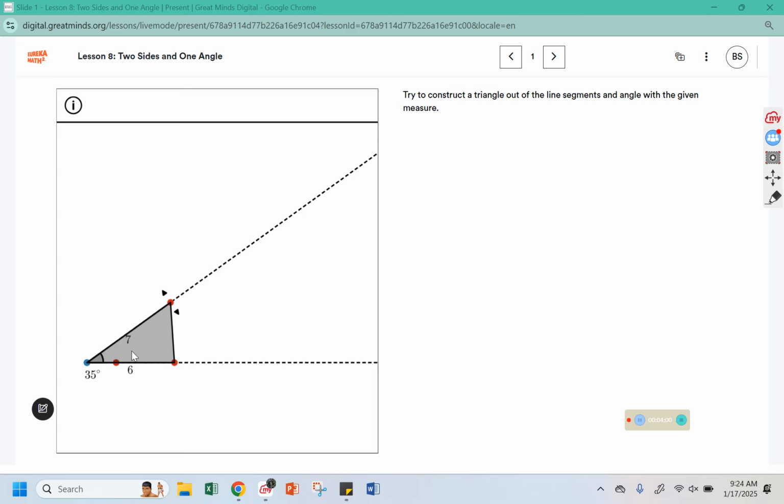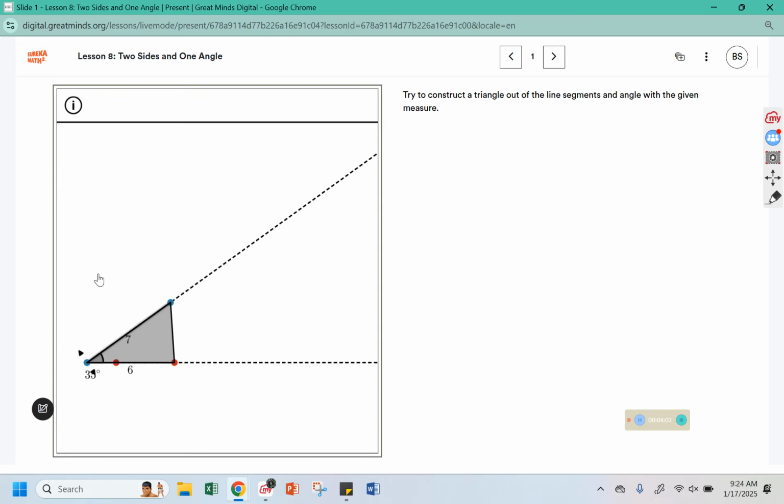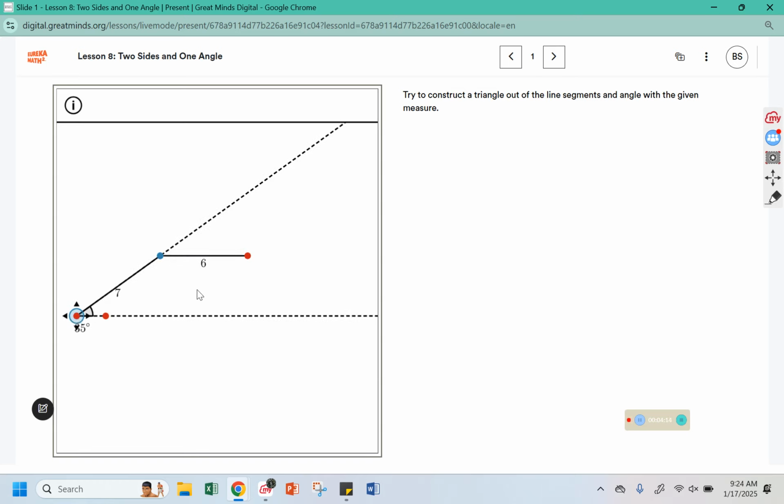So let's see if we can create a different triangle. I'm going to pull these pieces off and see if we can create a different one. And it does look like if I don't include the angle between the two sides, I do get a different version of the triangle.